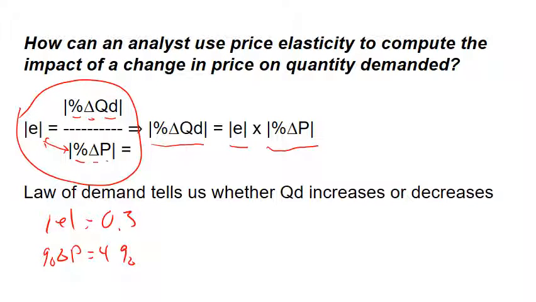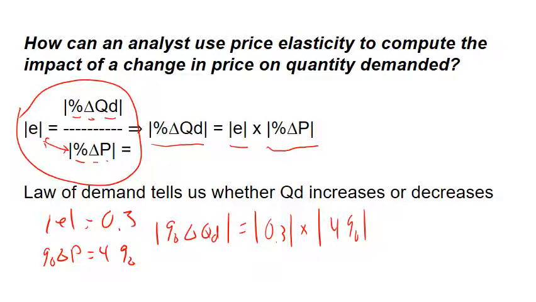Well, from these two things, we can determine that the absolute value of the percentage change in the quantity demanded is going to be the absolute value of 0.3 times the absolute value of 4%, which will be 1.2%. So we know the quantity is changing by 1.2%.